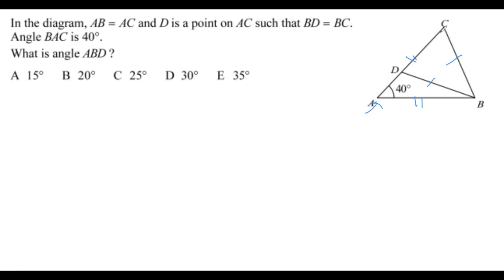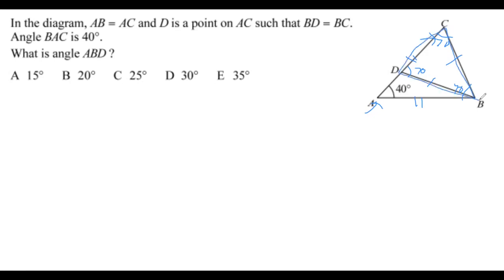And next, there are a few ways you can go about this. I think the most logical way is to now look at this angle BDC. Since BD and BC are the same length, it must be equal to angle C up here, because of isosceles triangles. Now we can work backwards using the fact that all the angles add up to 180 degrees in triangle BCD.